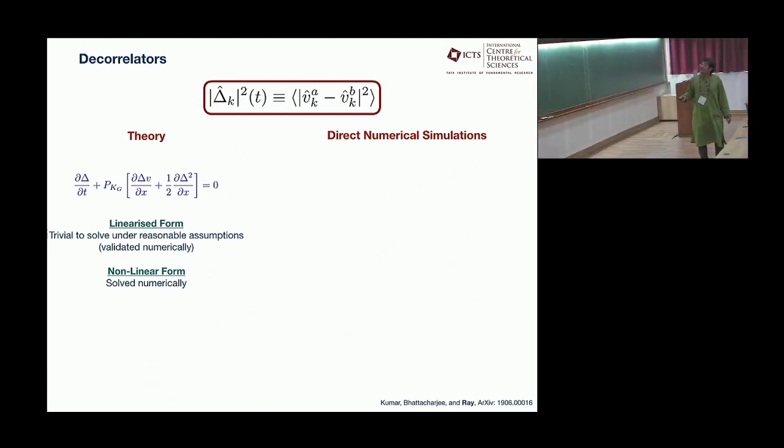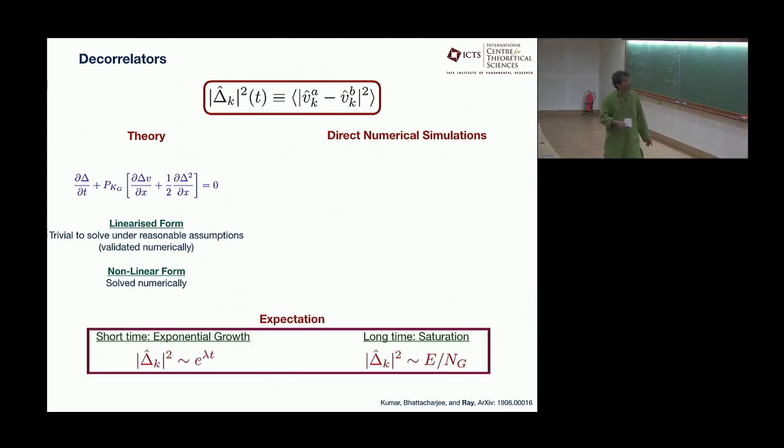So just to tell you exactly how this was done, theoretically, one can write down an equation for this decorrelator in the Burgers problem. That's the easy and useful part. It's still a nonlinear equation, so we are able to solve the linearized form, which involves some approximations that we validated with numerical results, and the nonlinear form one can solve numerically.